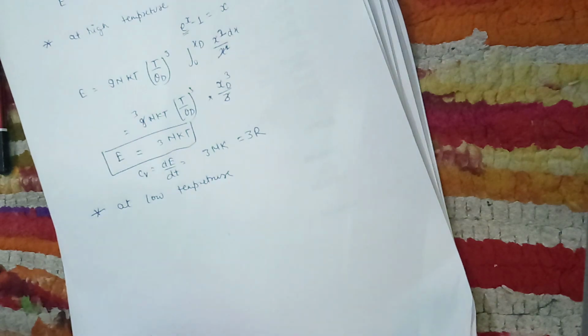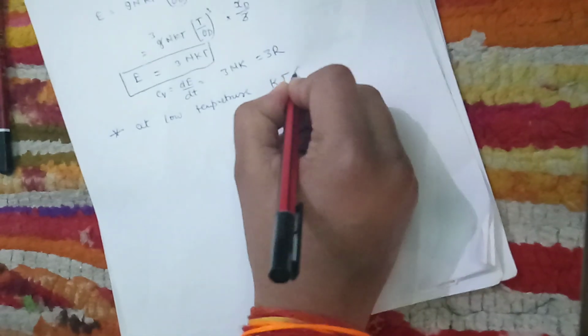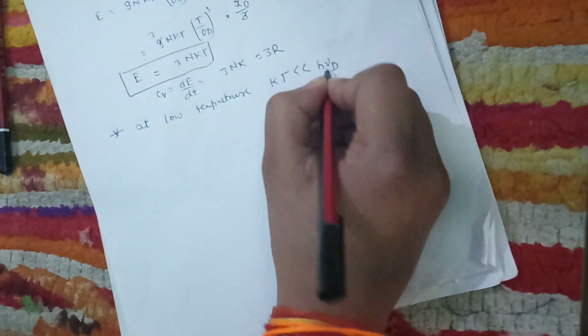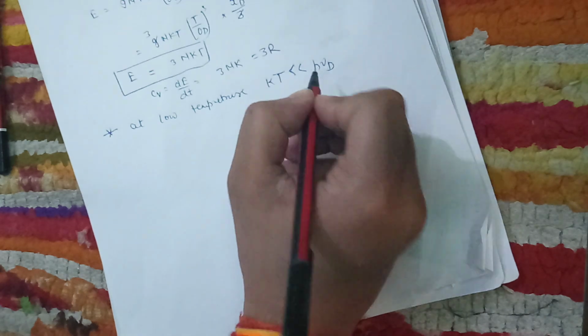Now at low temperature, what happened? We suppose that kt is much less than h nu d. Temperature is very low, much lower than h nu d.